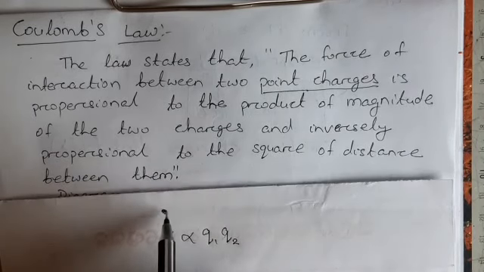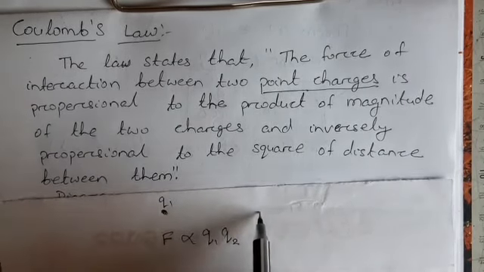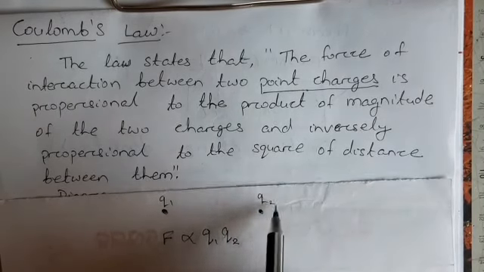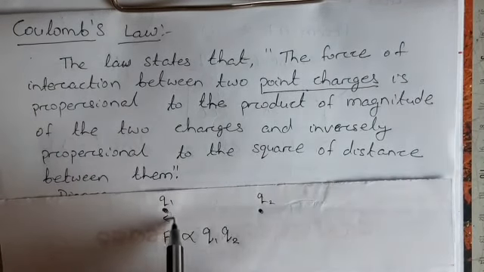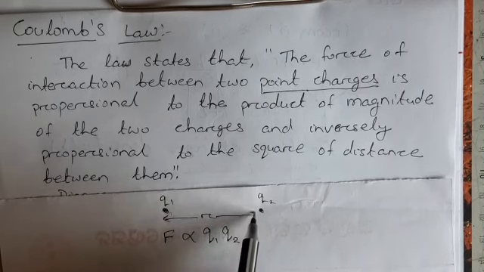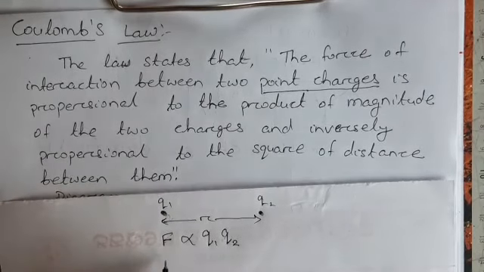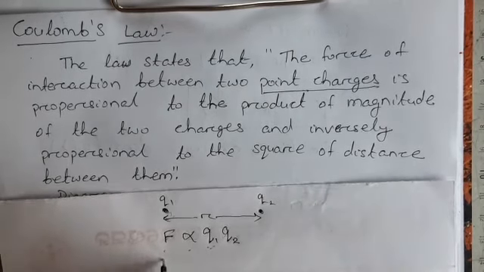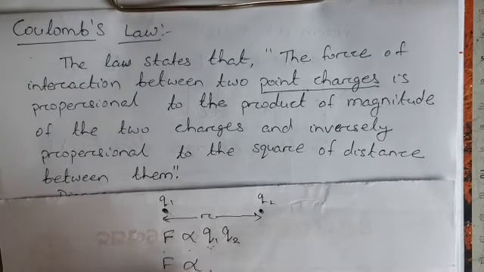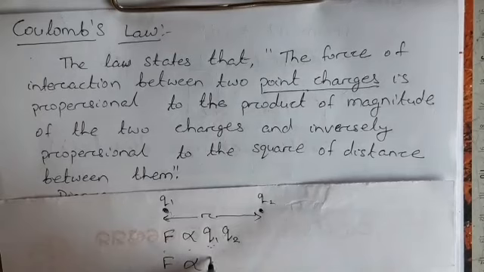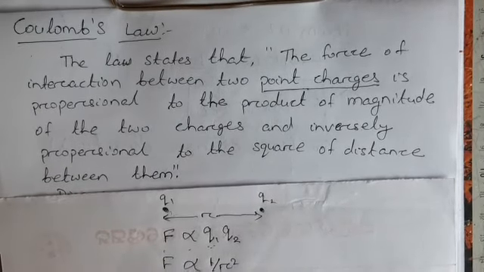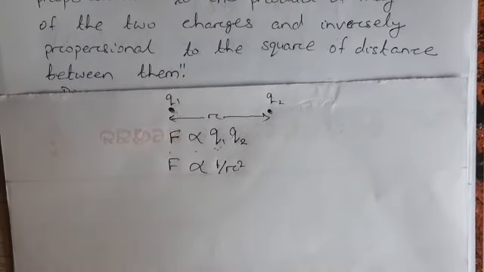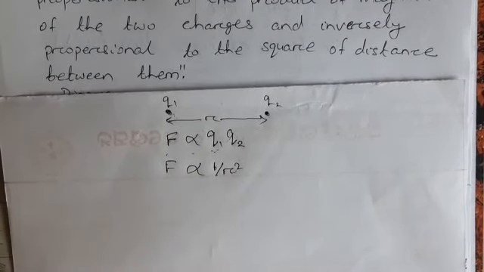I am taking here 2 point charges Q1 and Q2 and the distance between them is R. Then according to Coulomb's law, force is proportional to the product of magnitudes of the two charges, and also force is inversely proportional to the square of the distance between them.